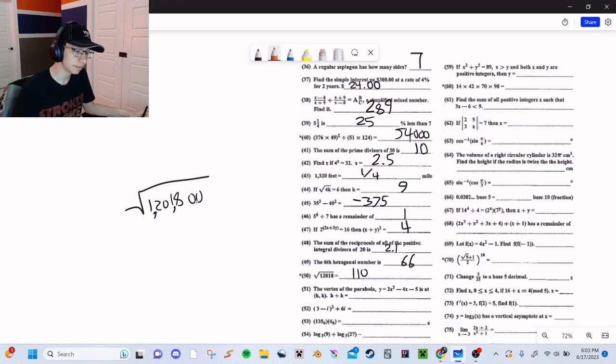Let's cross out these last two digits. I can't really estimate the square root of 12,018. It's a little too big. Let's cancel out another two digits. And then we do the square root of 120 to estimate that.